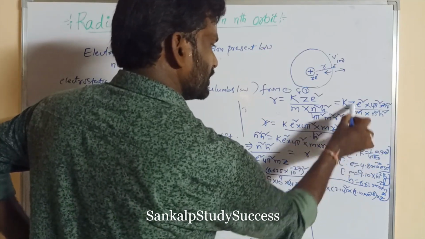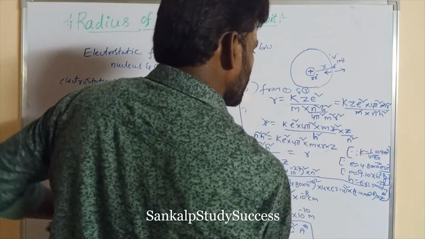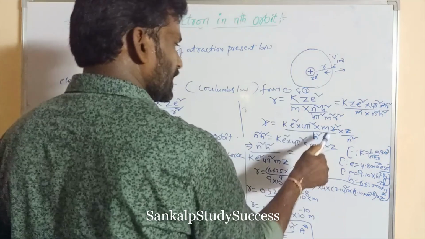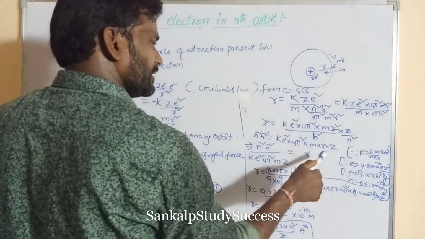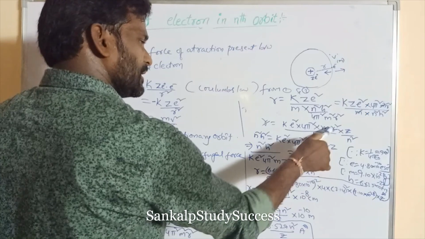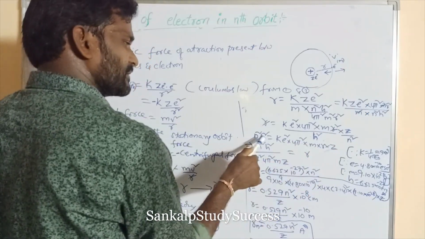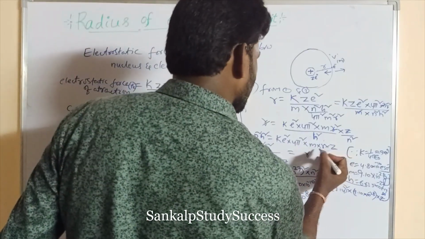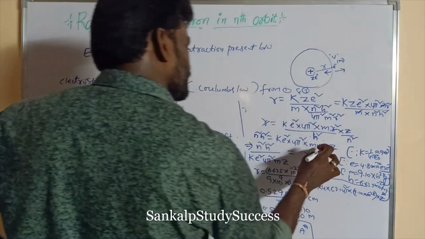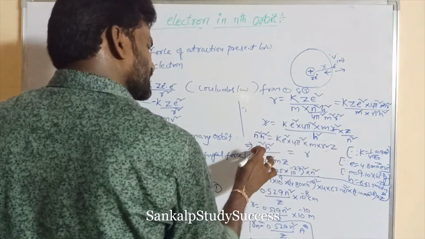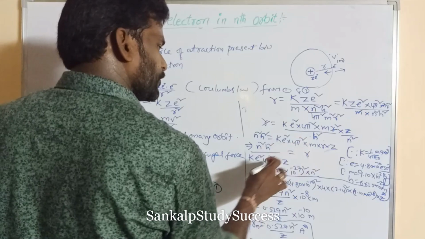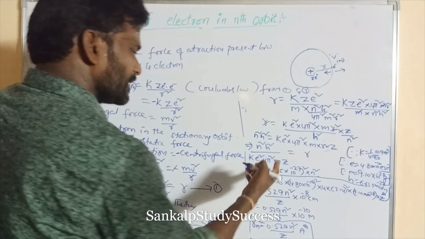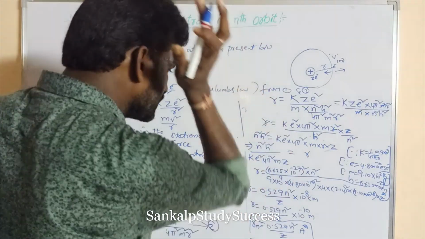Here r is cancelled, remaining r is equal to n square h square by k e square 4 pi square m into Z. Now all the values are substituted in this equation.